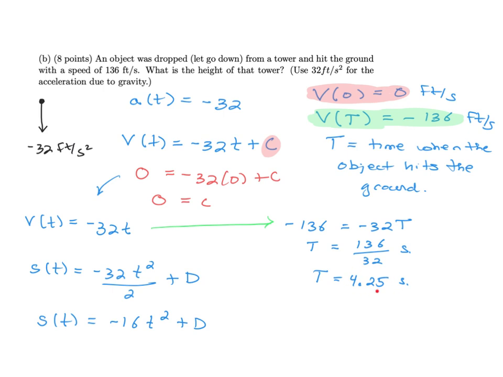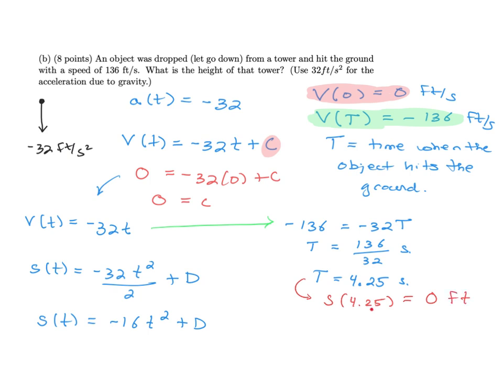At this time, if you put 4.25 seconds here, what should s of t be equal to? Well, this is the time when the object is on the ground, so at this time, the height should be 0. I'll note that we can infer from this piece of information that if you put 4.25 seconds into the position function, you should get 0 back, 0 feet for the height.